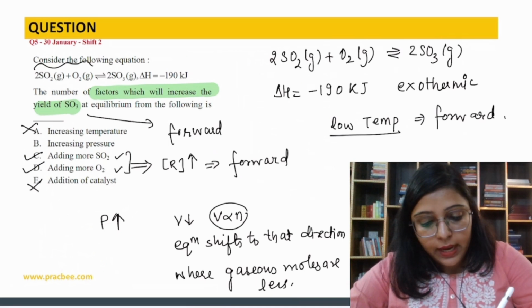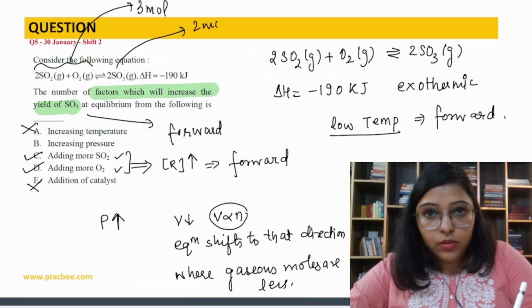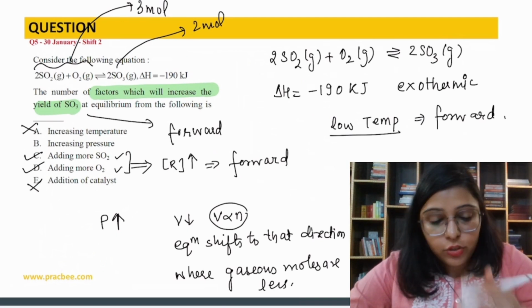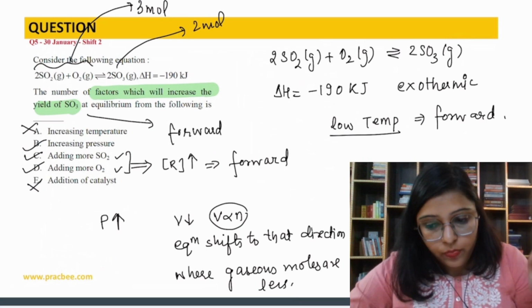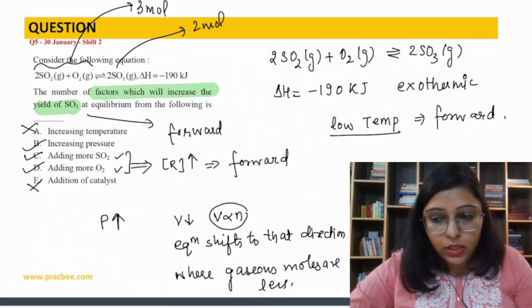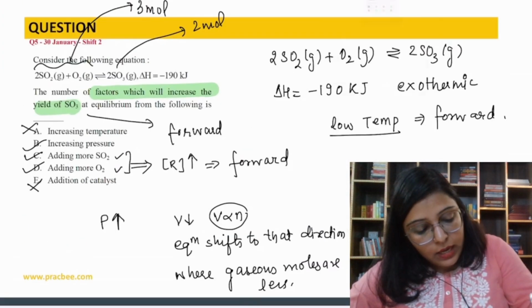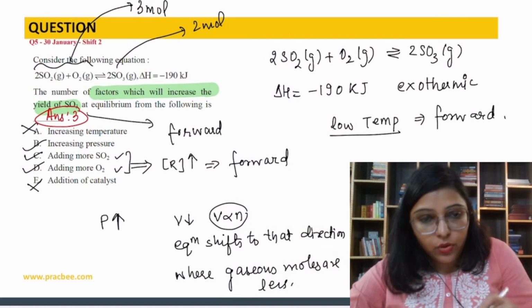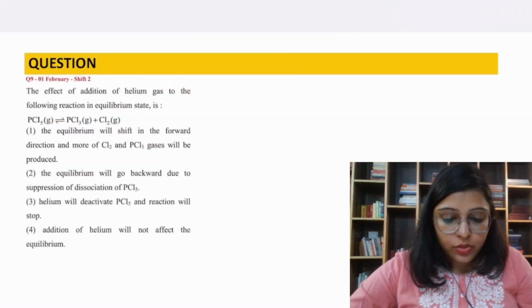So see, on the reactant side we have 3 moles and on the product side we have 2 moles. So yes, equilibrium will shift in the forward direction. So the total number of factors which will increase the yield of SO3 is equal to 3. Answer is 3. Okay. Now let's do the next question.